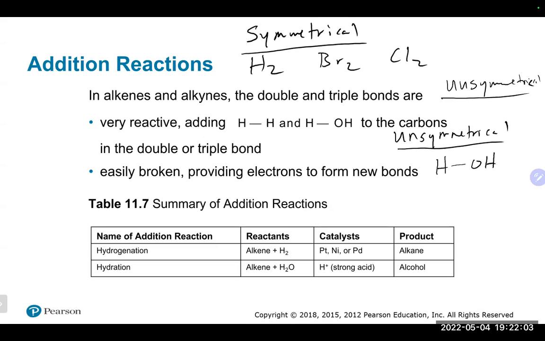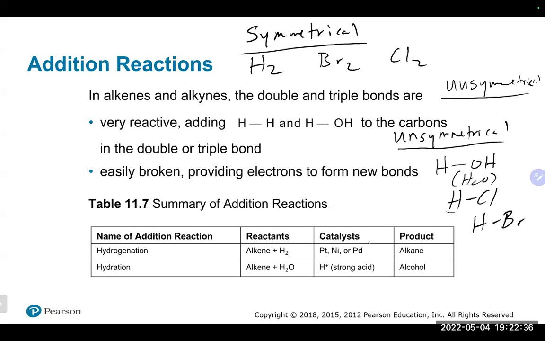Very common ones are adding hydrogen and OH, which is water, or something like HCl, HBr, basically hydrogen and something else being added in. Now, in the first case, you get a very simple sort of reaction. In the second case, there are sometimes rules that you have to follow depending on where the hydrogen ends up. So let's take a look at each of these a little closer.